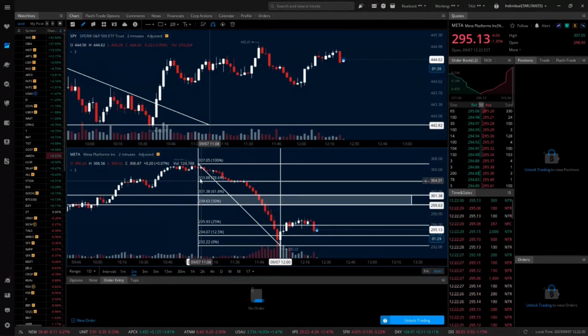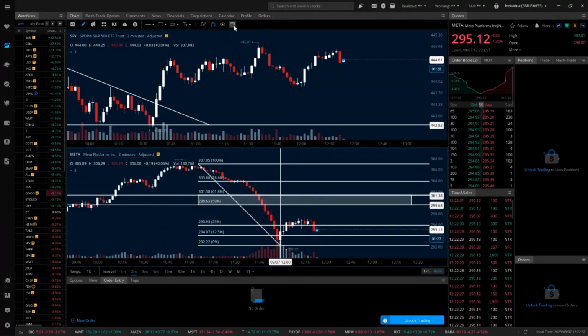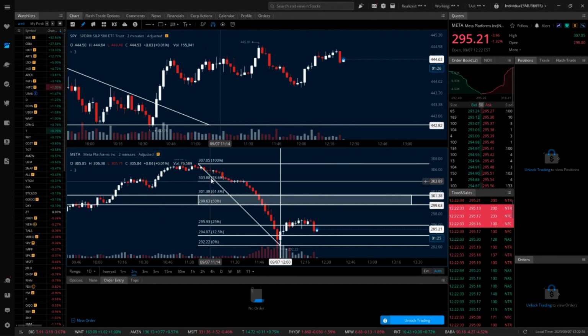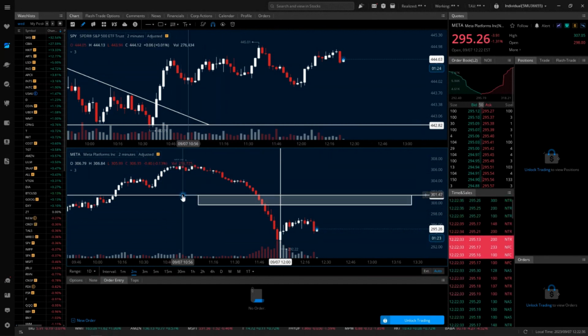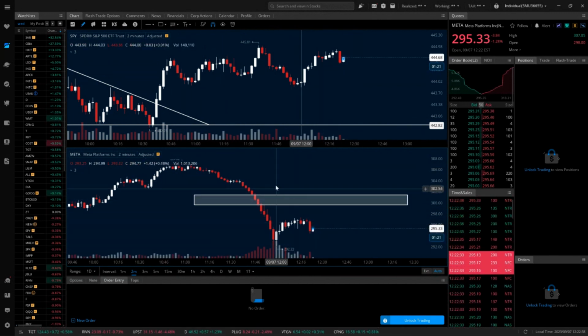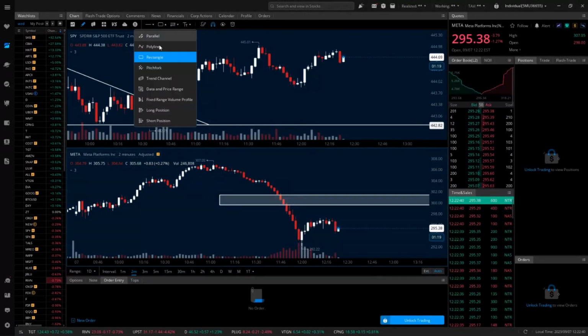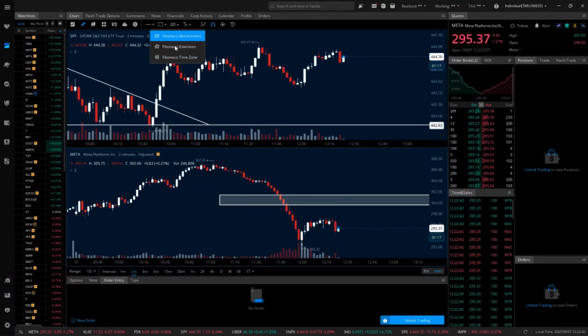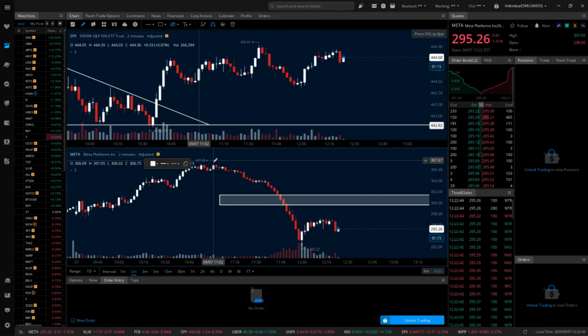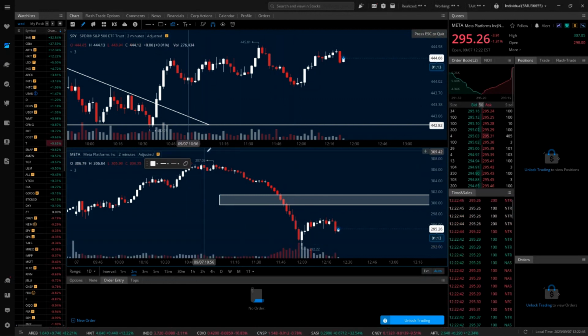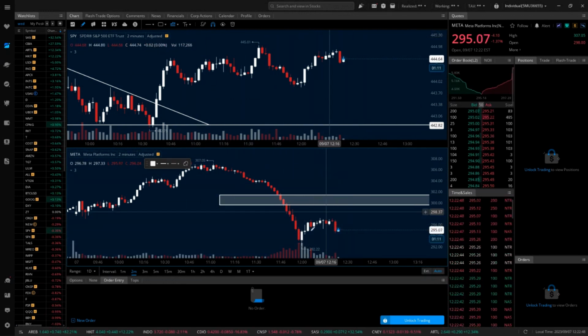So if we were to use an extension here, I'm just going to erase all these lines because we kind of know where it's, I'll leave the actual retrace line, or the zone, in there, right? Because we like that. If I drew a retracement, it would just be here to there, and it would give me that measuring tool for the retrace.